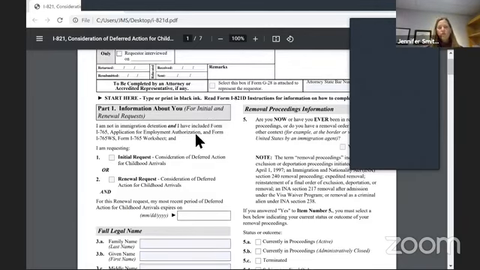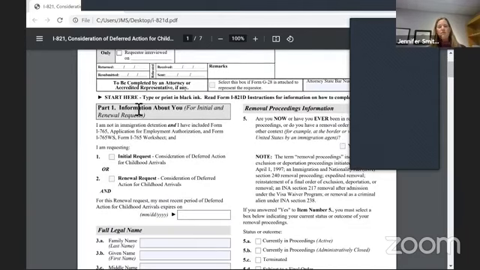So we're going to drop down on the form to where it says the word Start here. I'm just highlighting that so you can see where I am. It's Part 1, Information About You for Initial or Renewal Requests. Assuming most people are here because they want to do a first time initial DACA application, I'm going to focus on that. But it's pretty straightforward if you're doing a renewal as well.